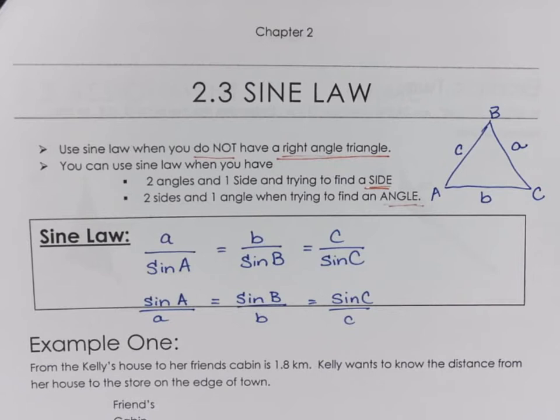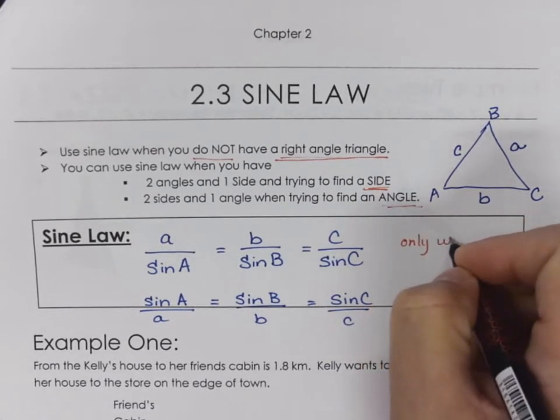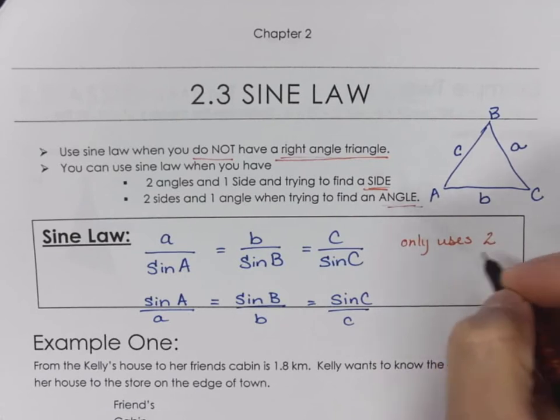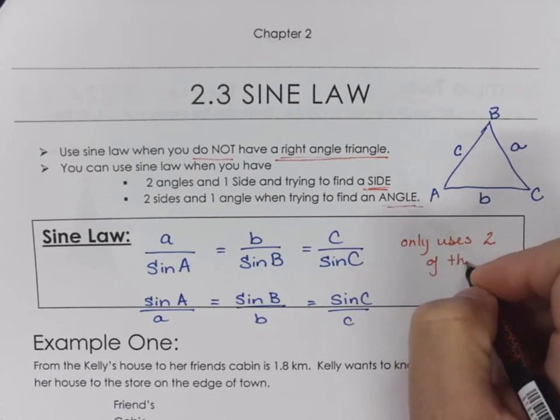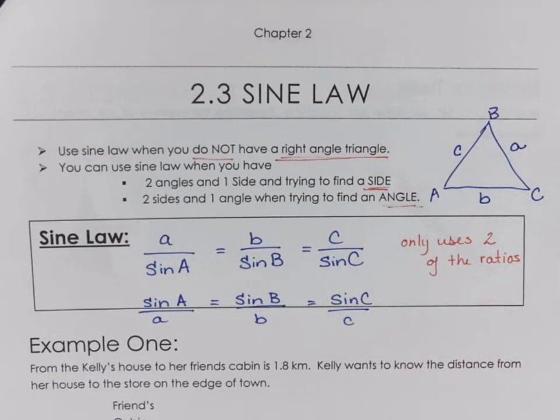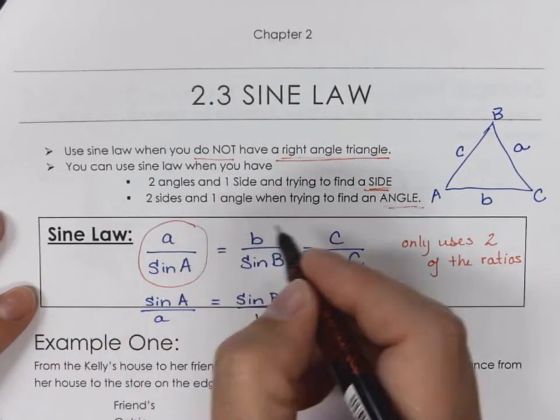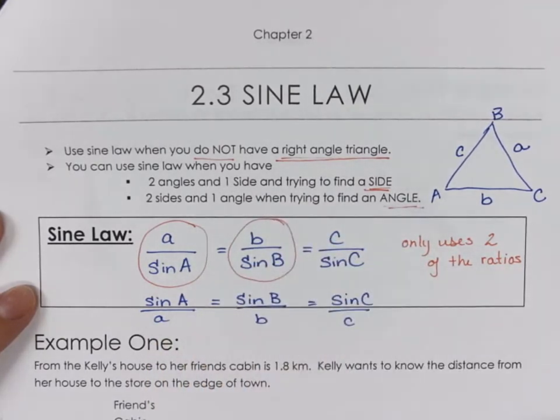And here's the thing. You'll only ever use two. Now, if I call them ratios, is that going to mess you guys up? Ratios is just another word of comparing something. Like a ratio is a comparison against something else. So this is a ratio, and that's a ratio.